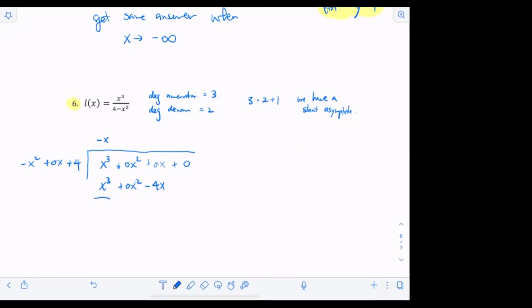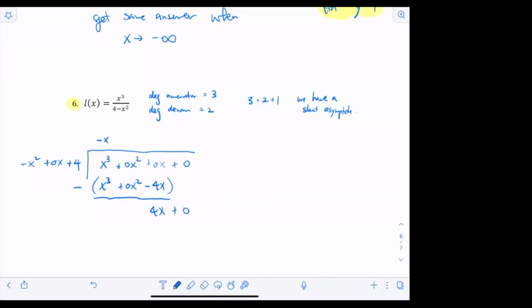And then we're going to subtract those two polynomials. So I put parentheses, I put subtract like that so I don't confuse myself. X squared minus x squared is 0. 0x squared minus 0x squared is also 0. 0 minus negative 4x is just 4x.